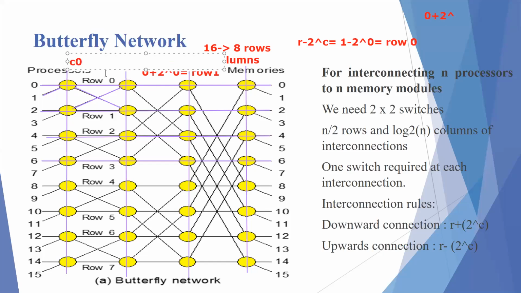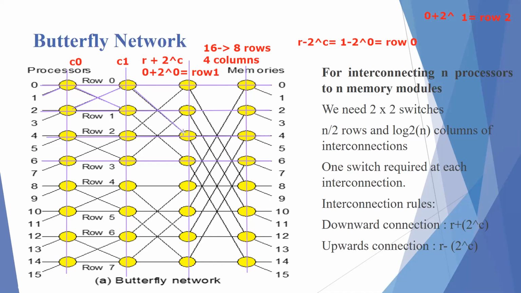Column 0, and this is column 1. Okay, so 2 raised to the power 1 gives me your answer. Row 2. So this means a cross connection from here has to go to row number 2. So row number 2 is here.